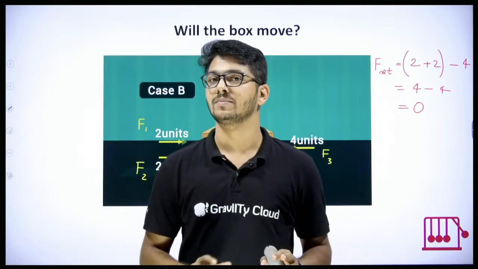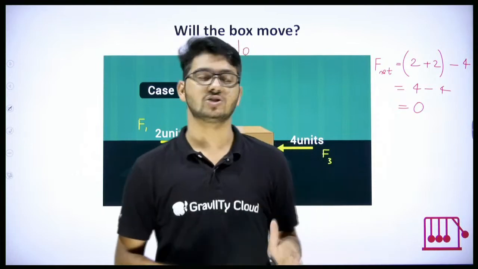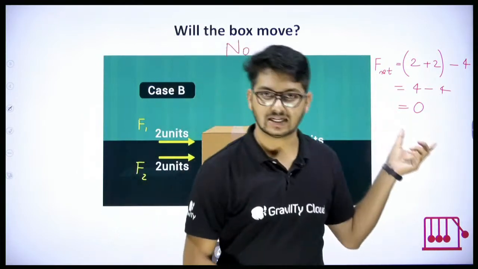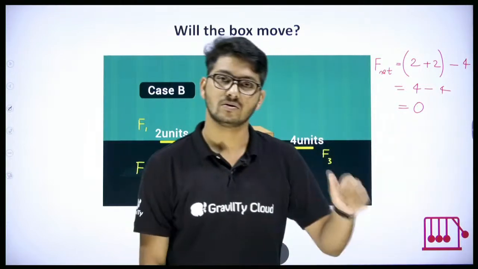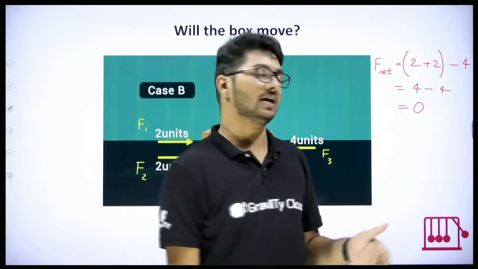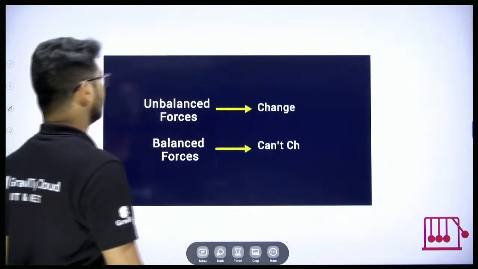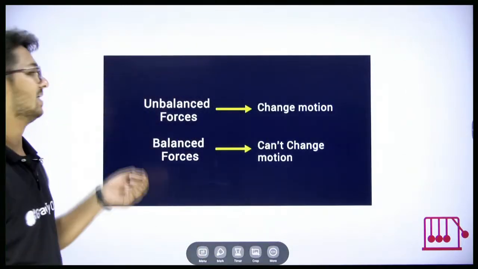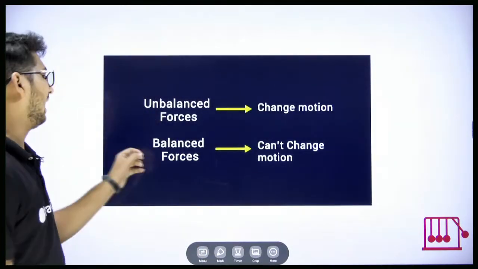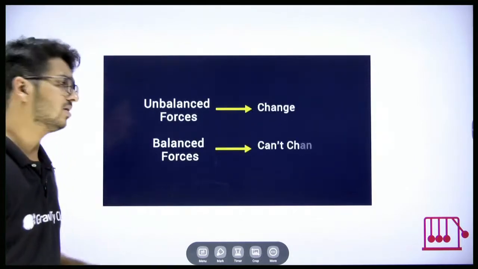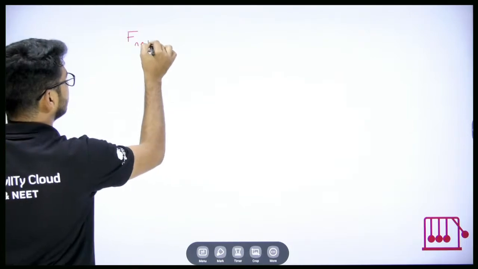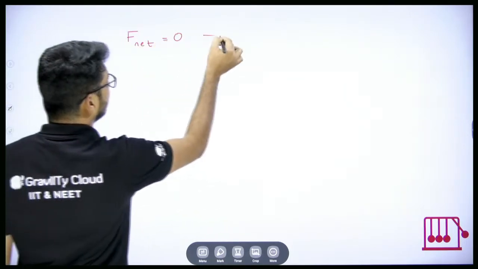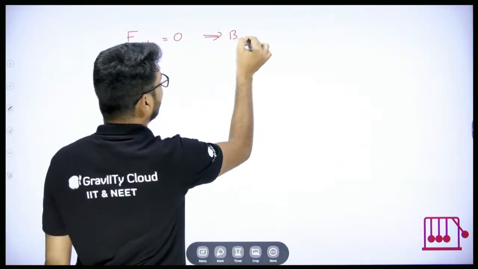Simple. Okay. Now as we understood here, we got net force as 0, but in the previous case net force was not 0. Two different cases, right? So based on that, we define something called unbalanced forces and balanced forces. Now, what are they? Whenever net force is equal to 0, we say that the forces are balanced.